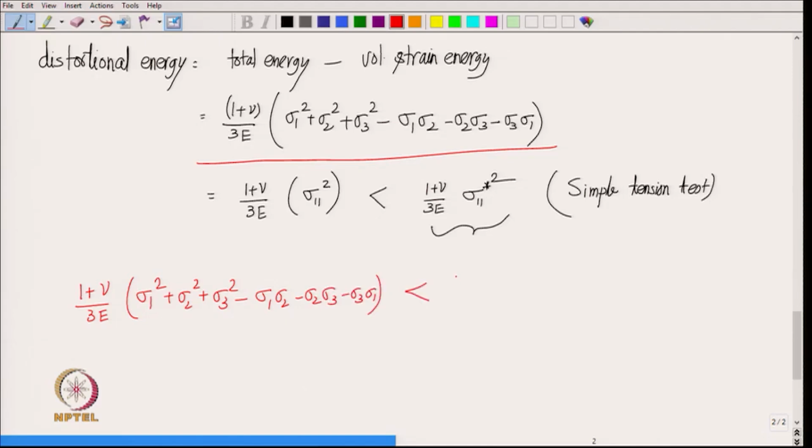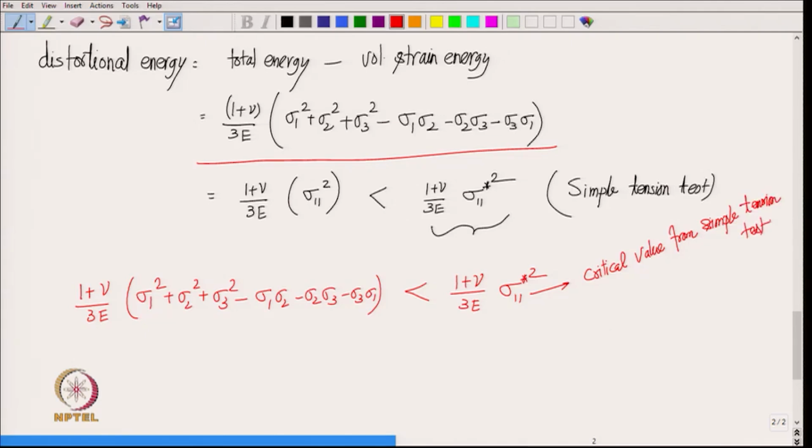This should be less than 1 plus nu over 3E into sigma 11 star square, and sigma 1 star is the critical value that you got from simple tensile test. So, this is the critical value from simple tension test.